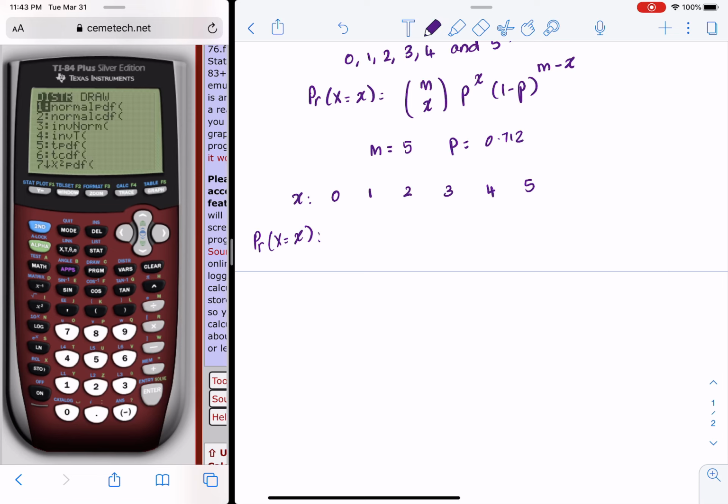If we press 2nd VARS on the TI-84 and scroll down, we have binomial PDF. We plug in m, the probability of success, and x. We start with 0, and that probability is 0.002.